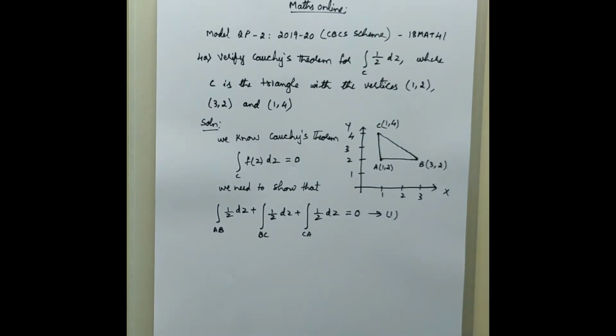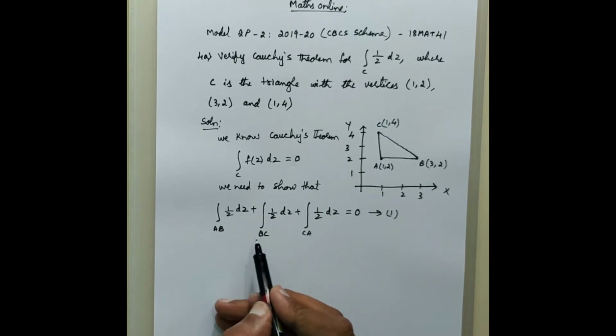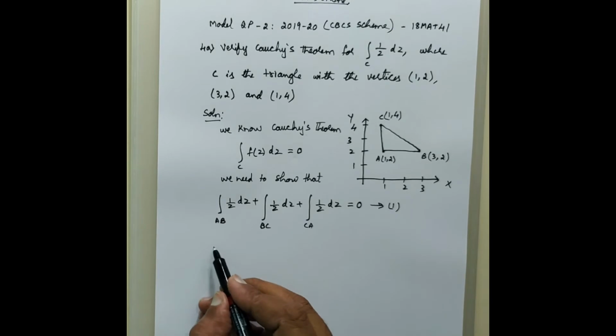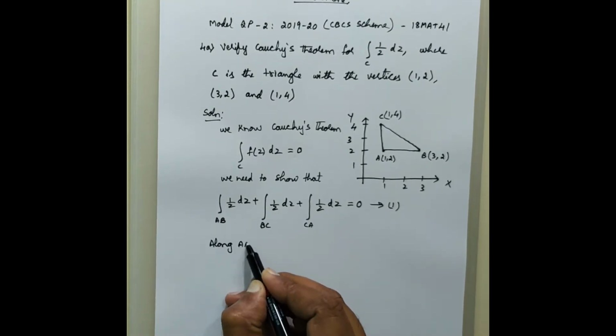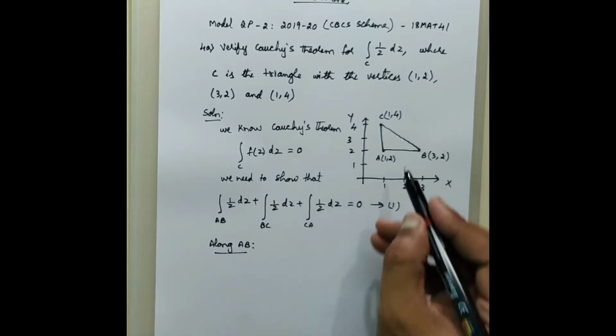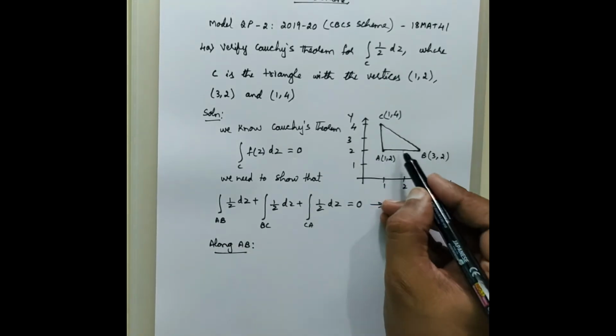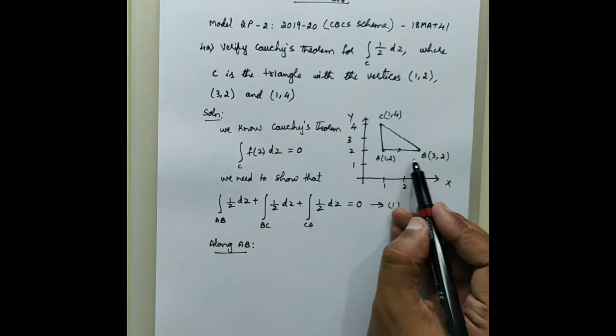Now let us try to find the value of the integral along AB, along BC and along CA. So let us start with along AB. Along AB, the constant value is y. So y is equal to 2.